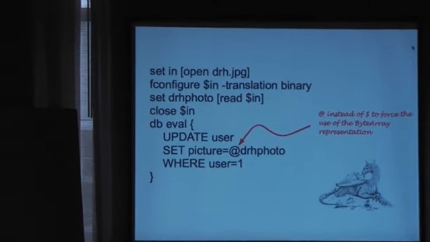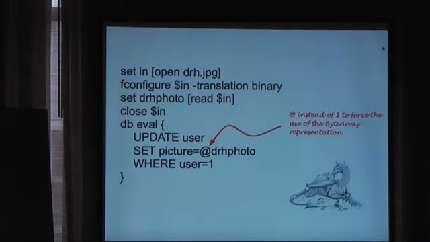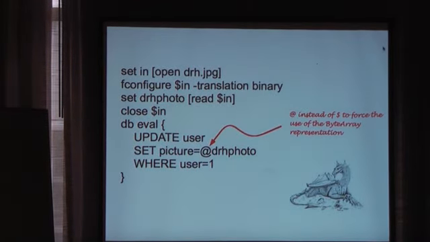There's no string representation. But if you've done something unnatural to this variable beforehand, it might have a string representation there, and that can confuse things. And so I allow you to put an @ sign in place of the $ sign, and that forces it to use the byte array representation. This is an example of that dragon I was talking about earlier. This doesn't ever come up really in practice, but you should be aware that this potentially can happen.